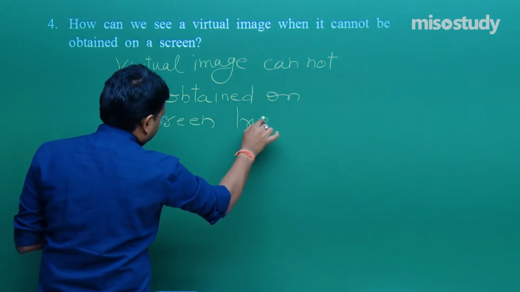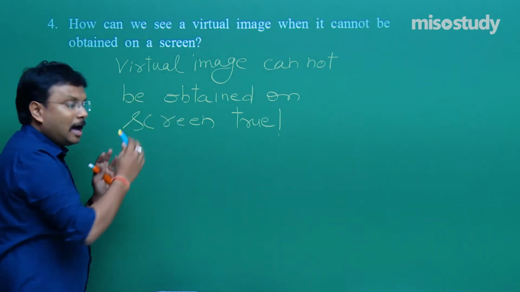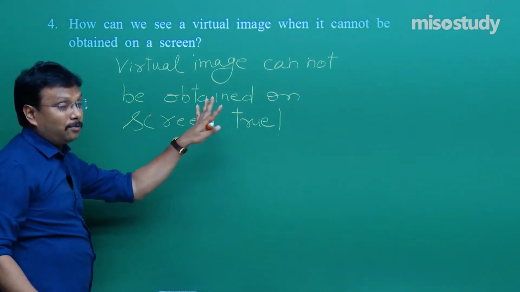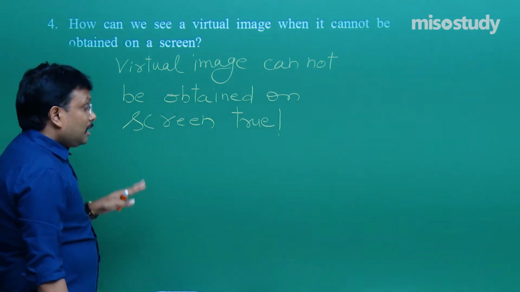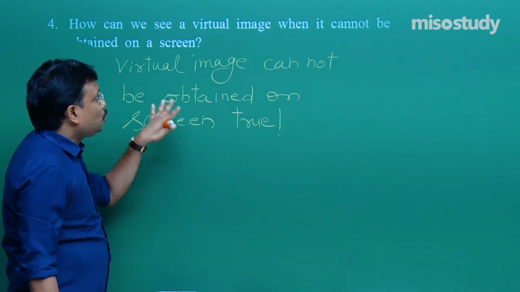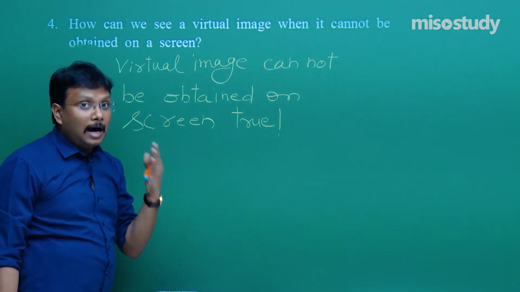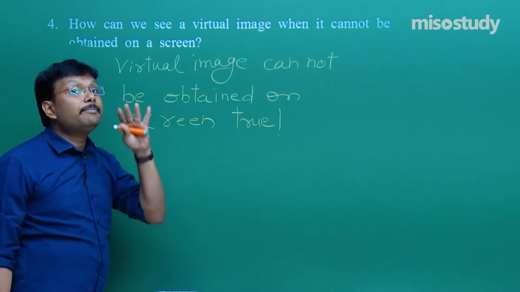True. This story I am writing so that you can enjoy, you can understand. Need not write down this entire story. But this virtual image by means of our retina and eyes is analyzed by brain.